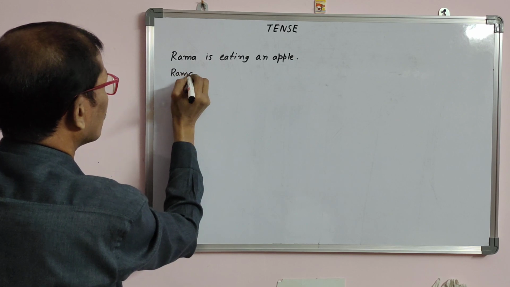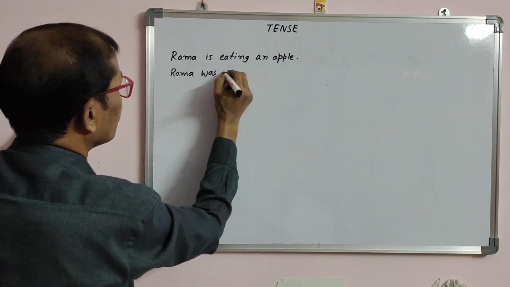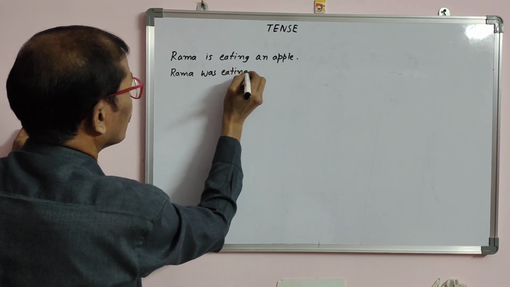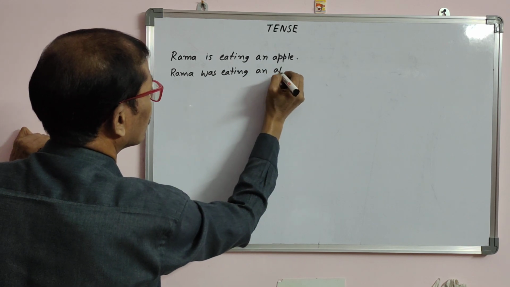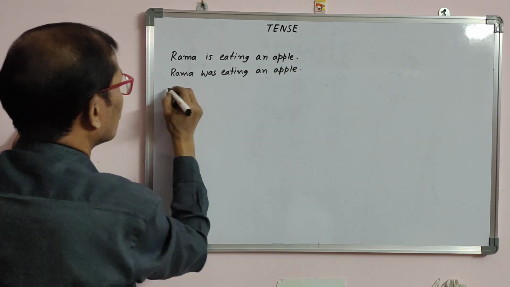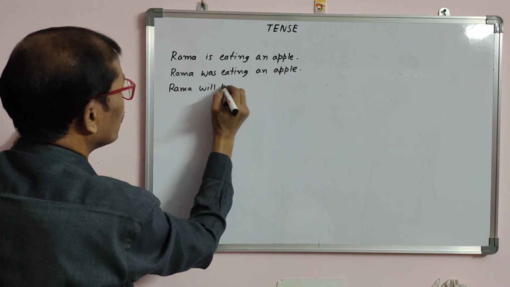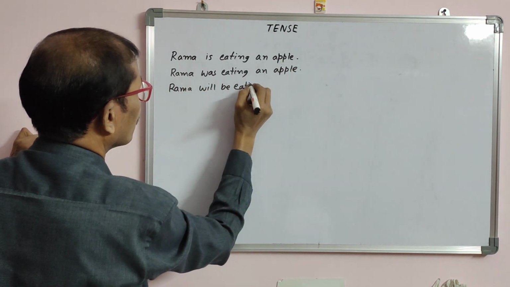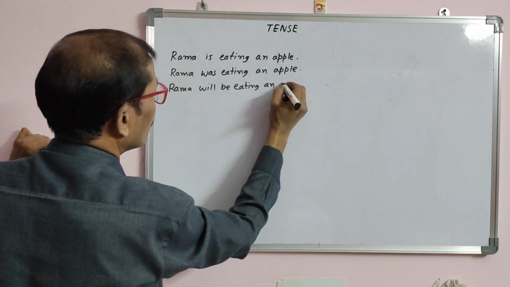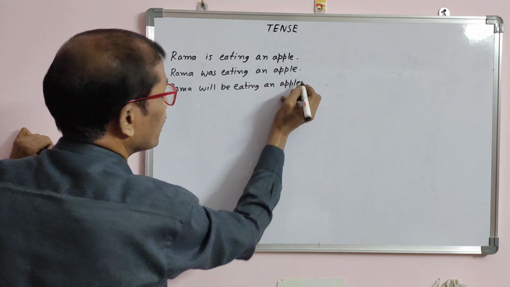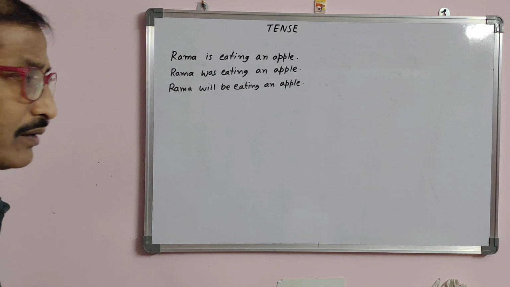Rama was eating an apple. Rama will be eating an apple. Three examples. Okay?